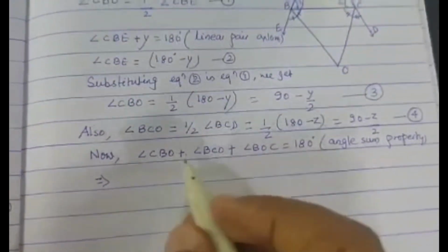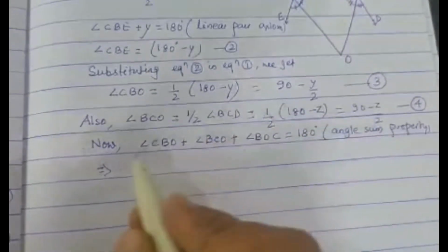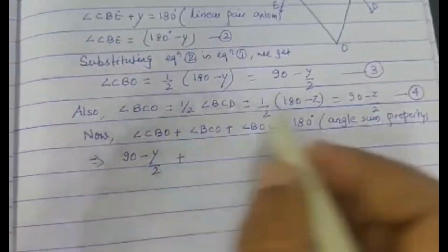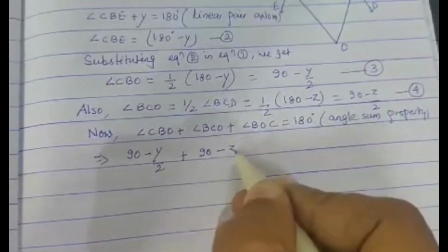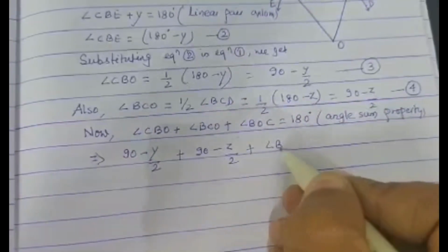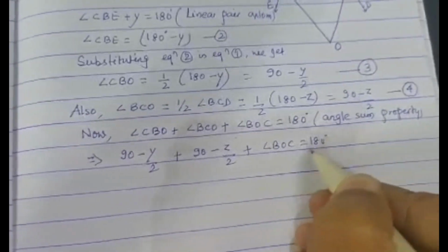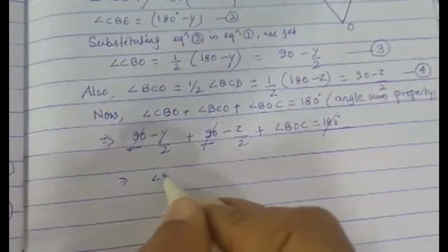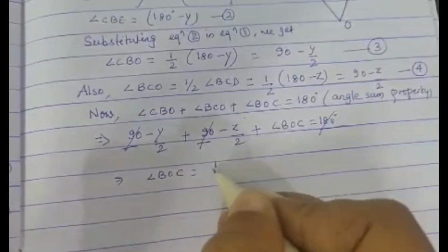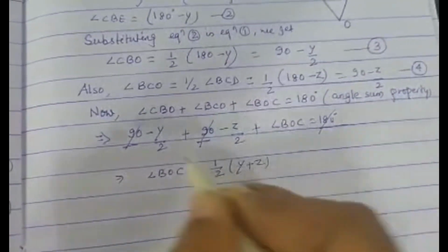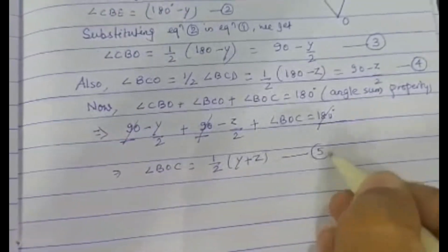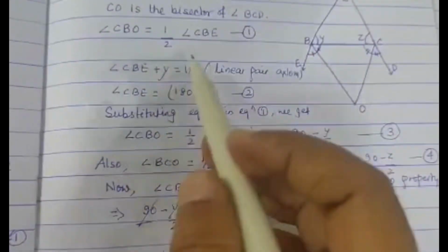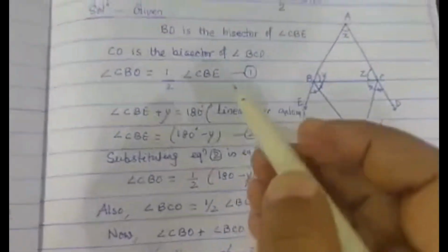So angle CBO is how much? 90 minus Y by 2, plus BCO is how much? 90 minus Z by 2, plus angle BOC is equal to 180. So this 180 and 90 plus 90, 180 we will cancel. This implies angle BOC is equal to half of Y plus Z, Y by 2 plus Z by 2. So now let us keep it as equation 5. Angle BOC equal to half of Y plus Z, okay.